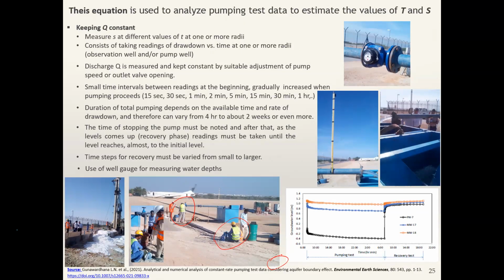For example, in this project, we continued pumping for 1 day and we stopped, and there is another test called the recovery test. That recovery test was continued for another 12 hours. So altogether 36 hours continuously we took the readings.